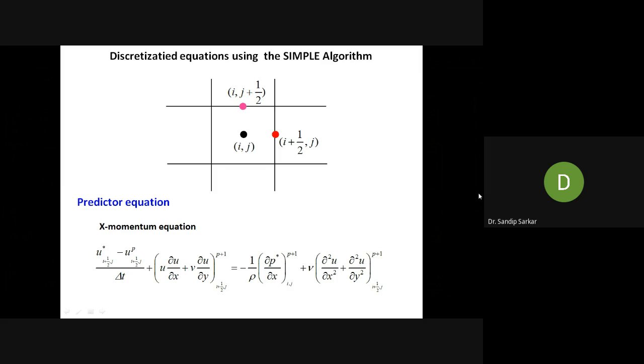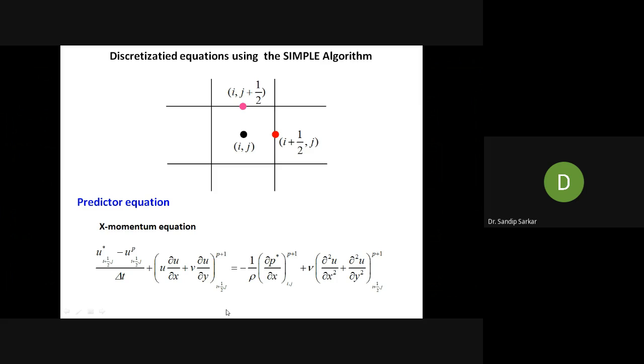No, it is not. That is the SIMPLE algorithm. We call it pressure velocity coupling, right? There was an issue with the pressure velocity decoupling. So pressure has to be discretized always at the cell center, ij point, whereas velocities are to be discretized at I plus half j point.